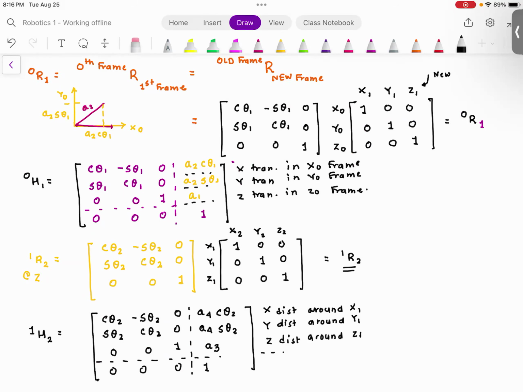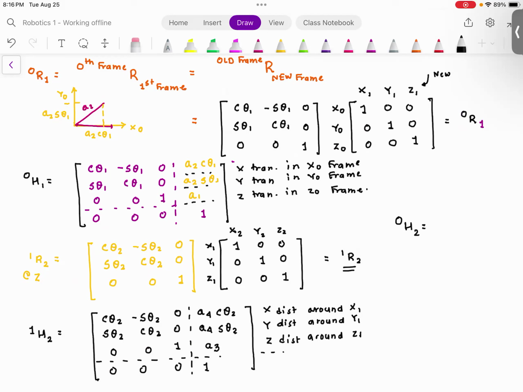Once you get correct rotation matrices, correct homogeneous transformations, your forward and inverse kinematics problem is solved. What is a forward kinematics problem? Forward kinematics problem is nothing but going from 0th frame to the second frame. How do we go from 0th frame to the second frame?